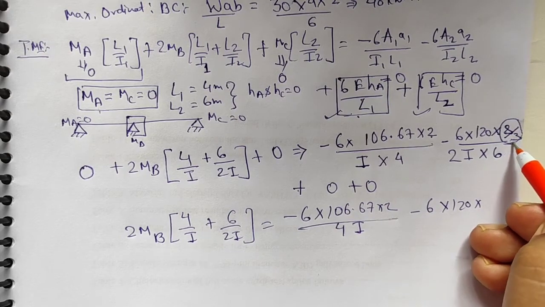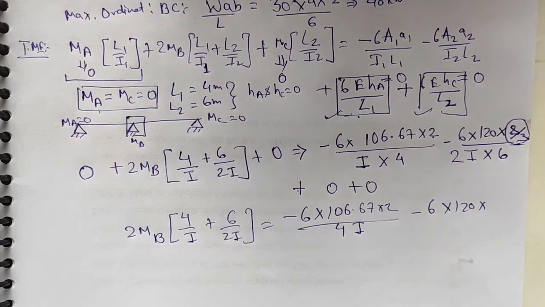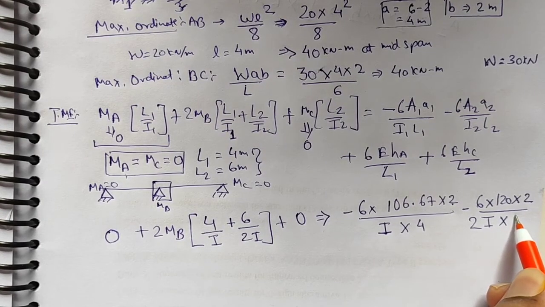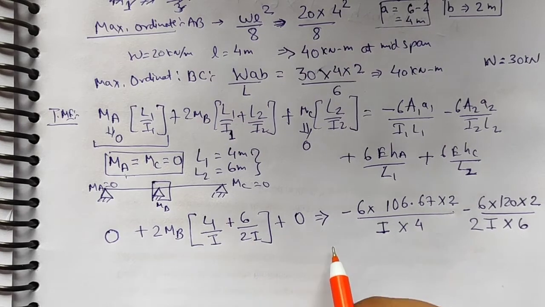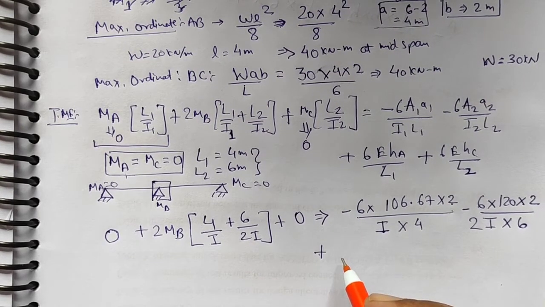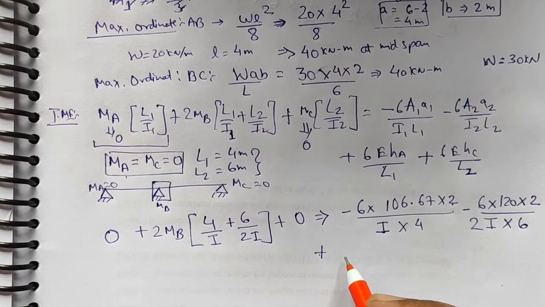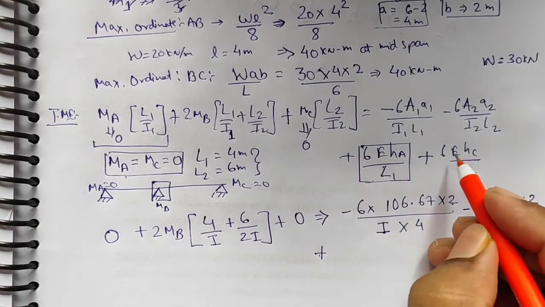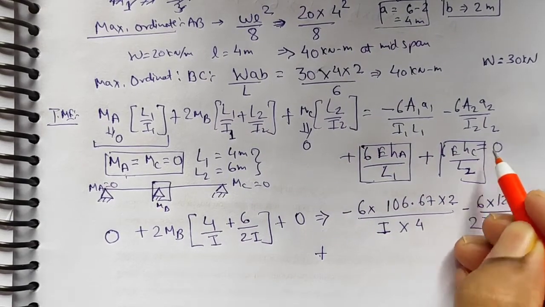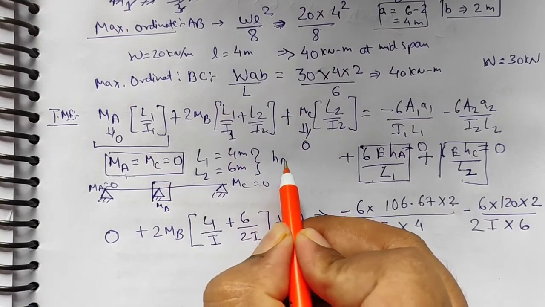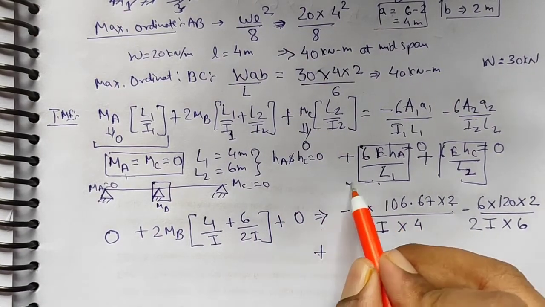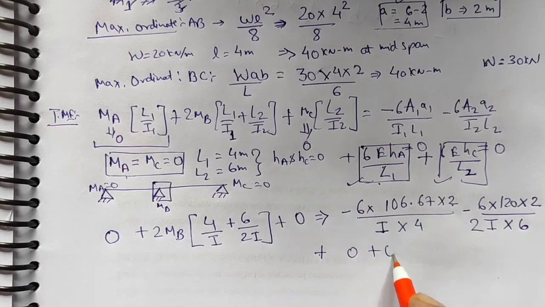I2 is 2I as specified in the question, and L2 will now be equal to 6 meter. As in the question there was no specification regarding the sinking of supports A and C, these values, that is HA and HC, will be equal to 0. Hence both these parts will now be equal to 0.